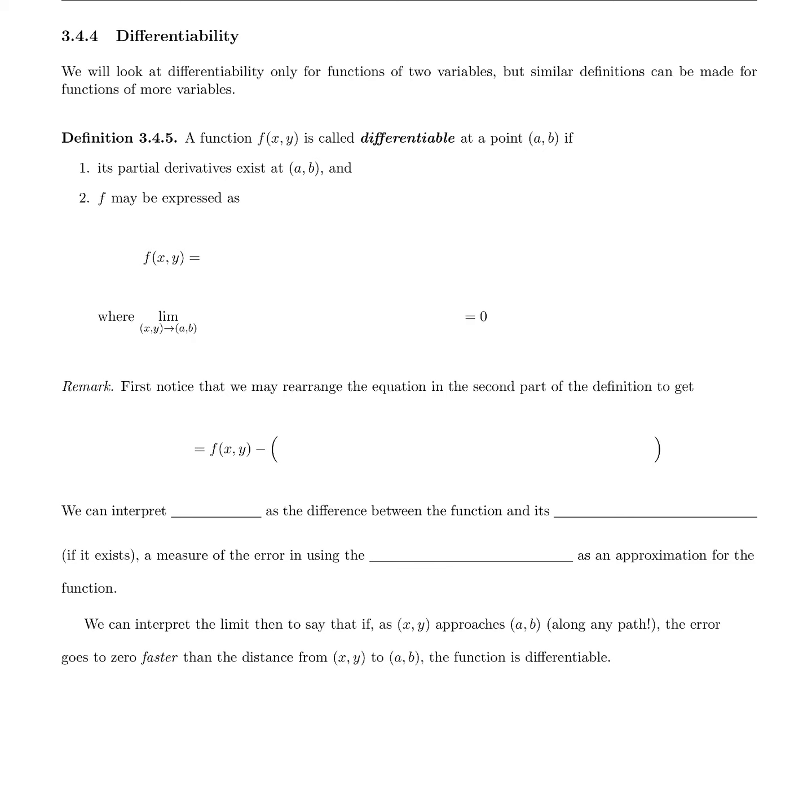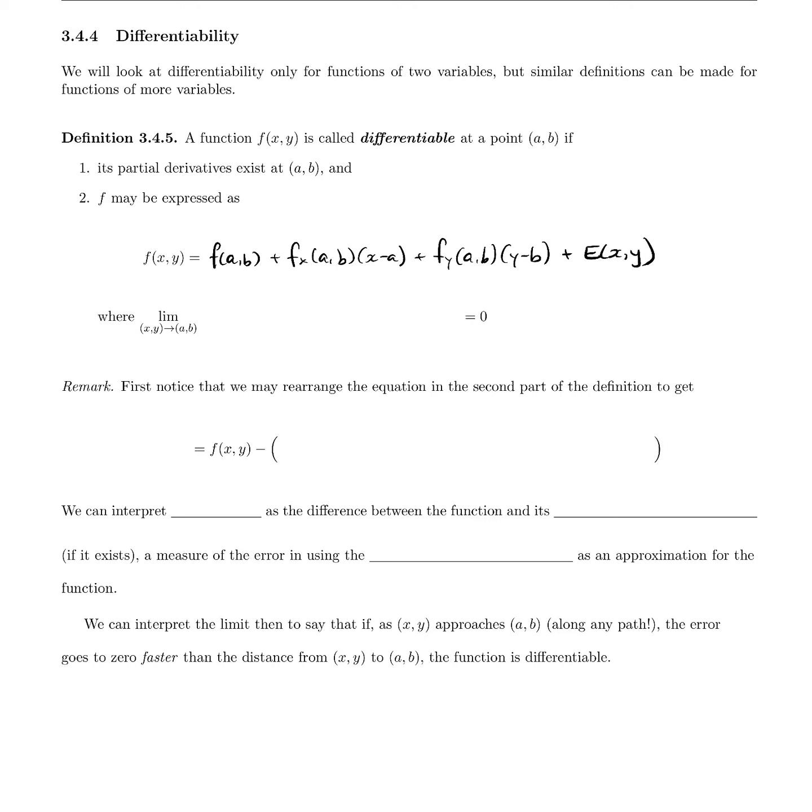And secondly, f may be expressed as f of x, y equals f of (a, b) plus f sub x of (a, b) times x minus a plus f sub y of (a, b) times y minus b plus a function e of x, y. Now that's not it.